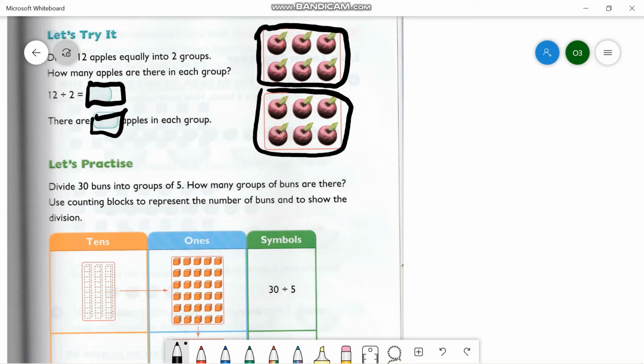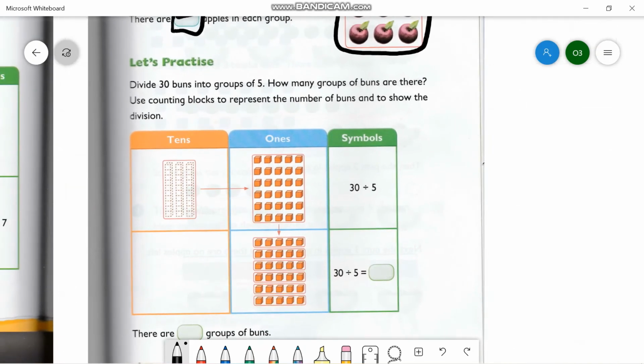Now let's go to let's practice. You have to divide 30 bonds into groups of 5. How many groups of bonds are there? Use counting blocks to represent the number of bonds and to show the division. So for this one, we're going to use the base 10 blocks. Okay, so 30 means 3 tens. And we have to break that into ones.